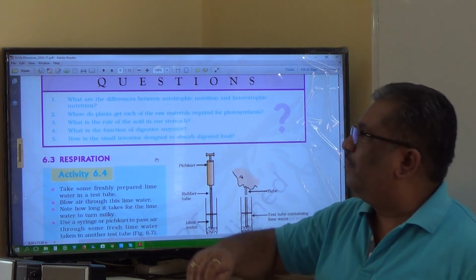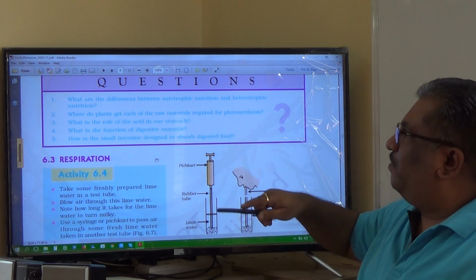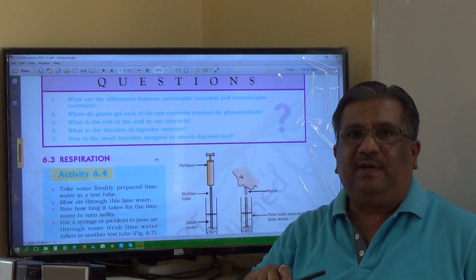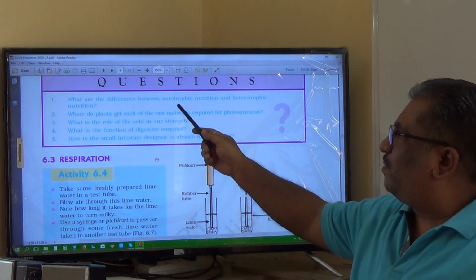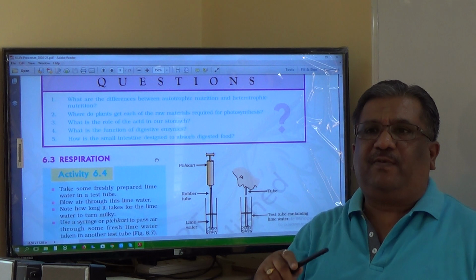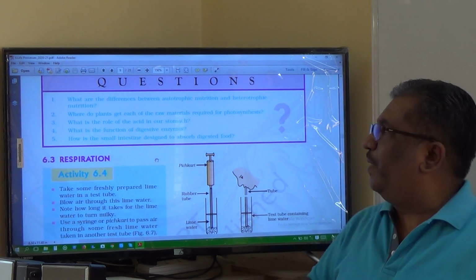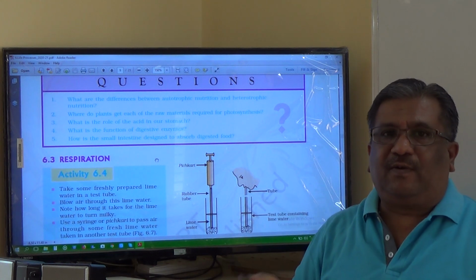What are the differences between autotrophic and heterotrophic nutrition? In autotrophic nutrition, the food is synthesized by the organism. In heterotrophic nutrition, organisms derive their food from other organisms. Autotrophs contain chlorophyll pigment. Heterotrophs do not contain chlorophyll pigment.